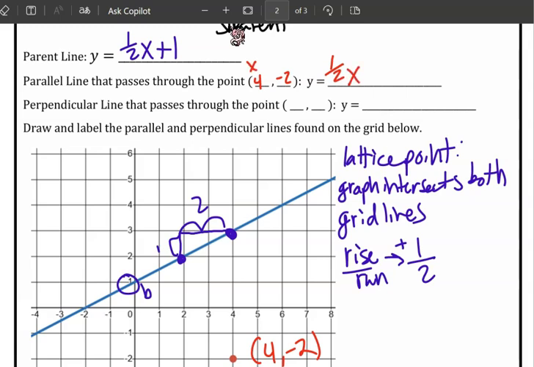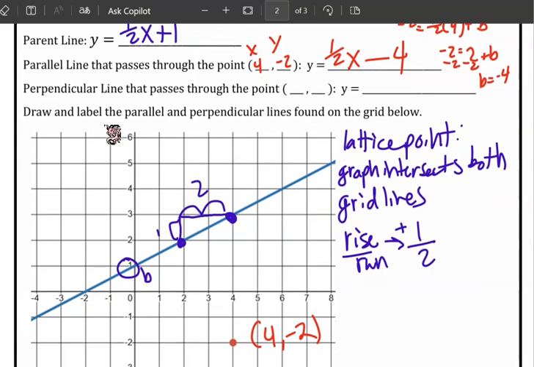Let's find what that something is by plugging in the x and y's to solve for the new b. -2 equals 1/2 times 4 plus b. Negative 2 equals 2 plus b. Subtract 2 from each side. b is going to equal negative 4.